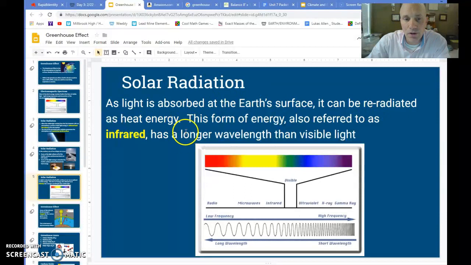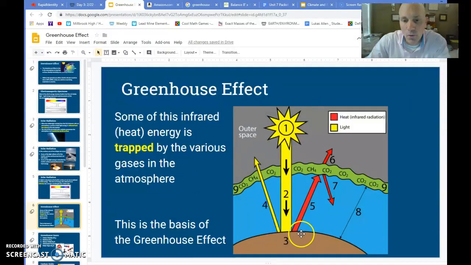All objects do this, they're constantly radiating energy, and objects radiate away their heat energy in the form of what's called infrared light, which is actually an invisible form of light, in this part of the spectrum right here. So when objects on the Earth's surface get warm, they have a tendency to radiate that heat energy back out into outer space in the form of infrared energy.